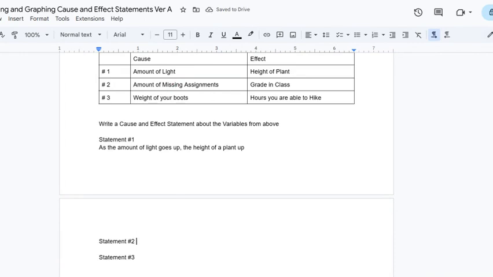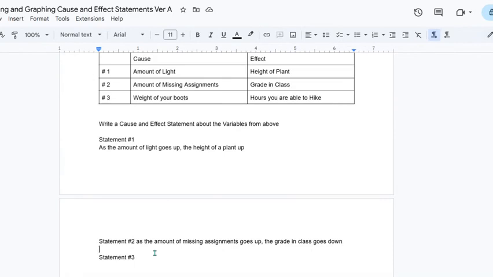As the amount of missing assignments goes up, because that's what you have control over, the grade in class goes down. So if I have more missing work, my grade goes down. That was my independent or my choice. This is going to be my consequence.